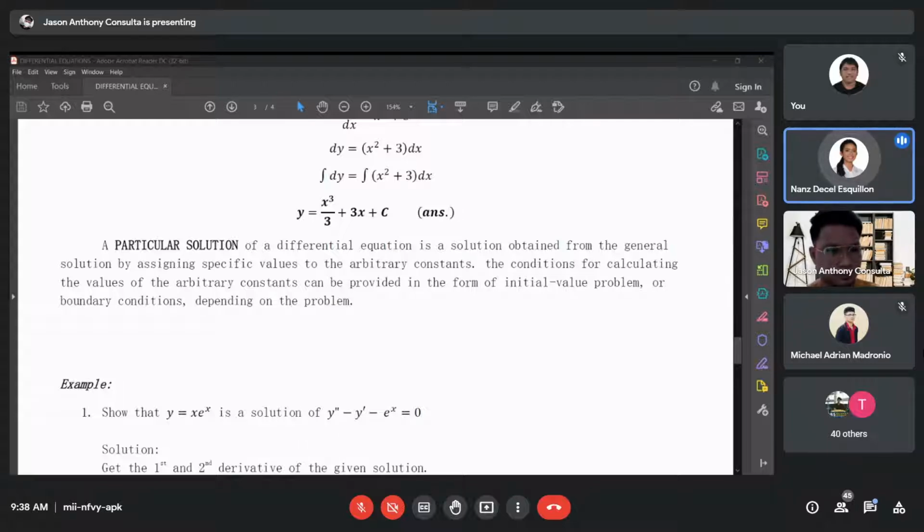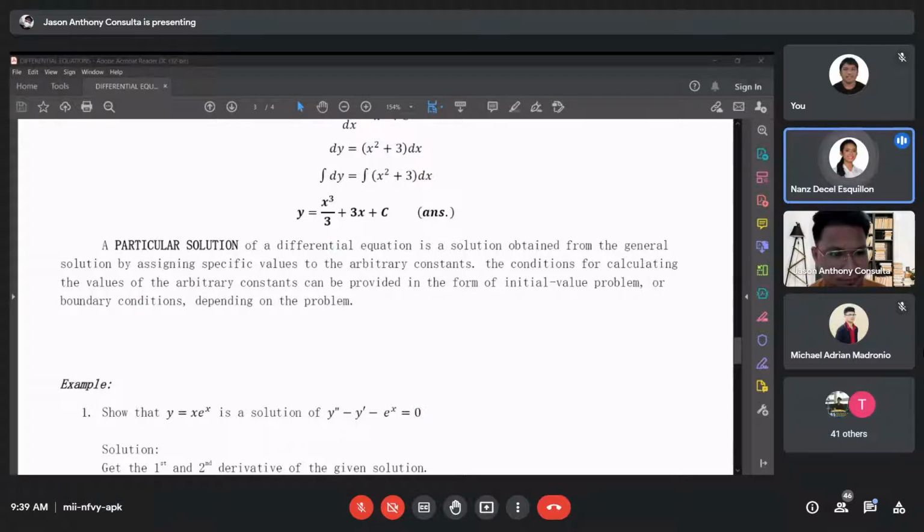Tapos sa second derivative naman po, bali, kukunin na naman po yung derivative ng first derivative, which is madodouble po yung e raised to x. So, yung kalabasan po is the second derivative of y with respect to x is equal to x times e raised to x plus e raised to x plus e raised to x.